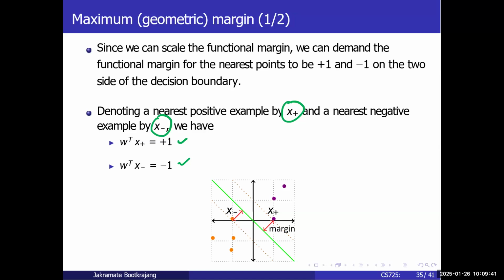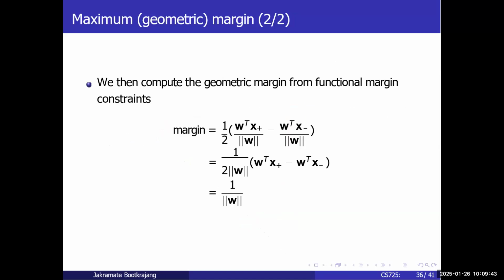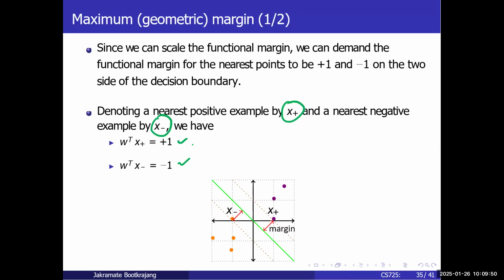And so what we want to do is compute the total margin, right? Because we have two margins, a margin for the positive and a margin for the negative, and we want to optimize them at the same time.